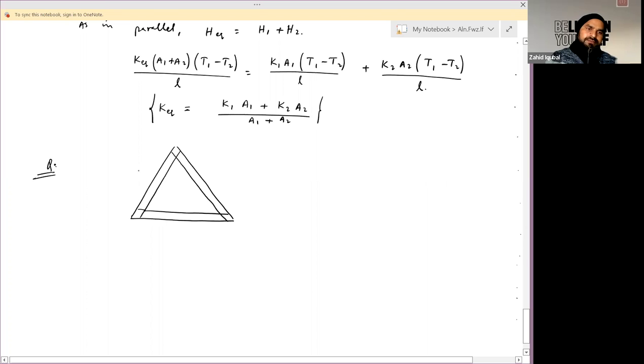This is 3K, 6K, and 2K. If this particular junction and this particular junction are connected at two different temperatures, let's say T1 and T2, we have to find K equivalent for this particular combination.